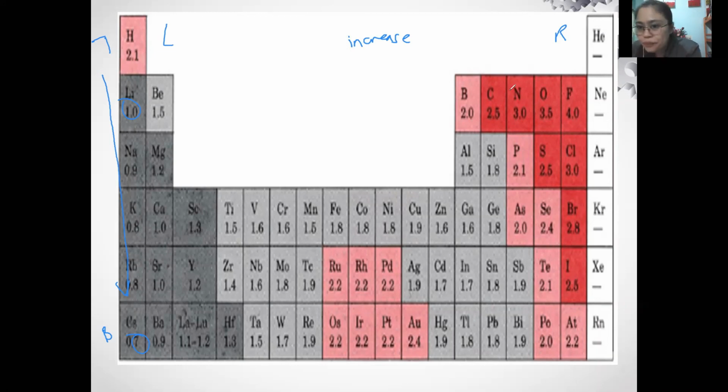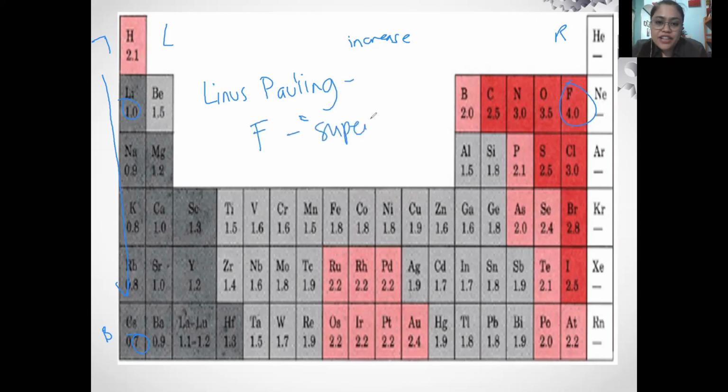Now, additional thing that you need to know is, among the elements, the most electronegative atom is your fluorine. Again, the most electronegative atom or element is the fluorine. Take note, 4.0 yung electronegativity niya. Actually, the scientist named Linus Pauling called fluorine, ang tawag niya kay fluorine ay super halogen. Kasi si fluorine, kahit saan mo siya ilagay, magre-react talaga siya with other elements.